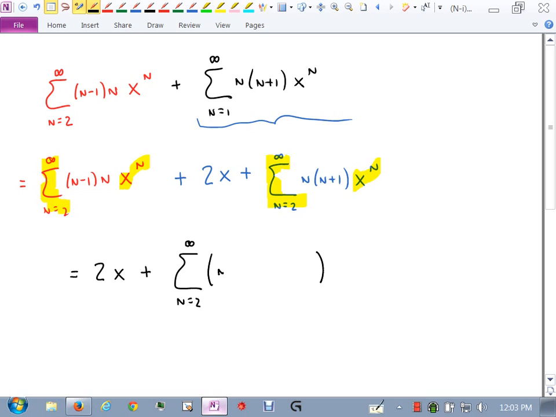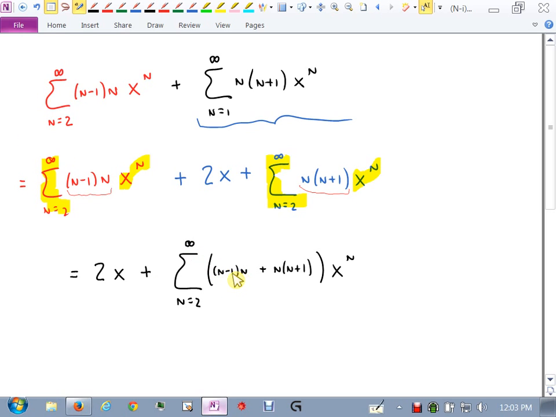You would have n minus 1 n plus n times n minus 1, and then x to the n. So all that really is are the coefficients of x to the n, these two coefficients put together with addition, and then the x to the n pulled out. Can you combine these together?